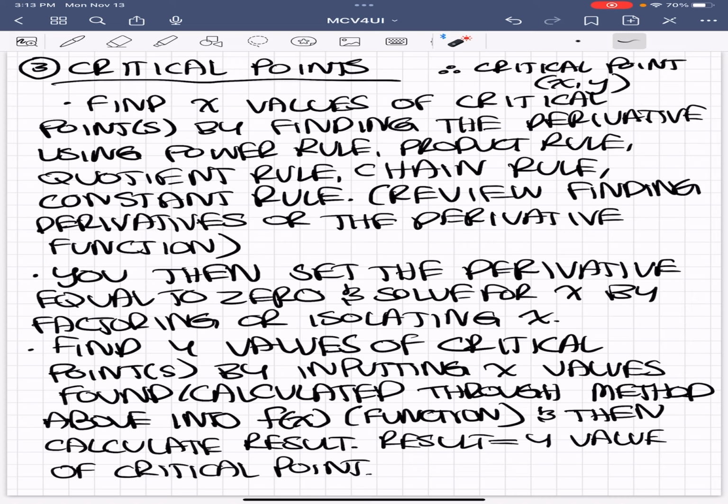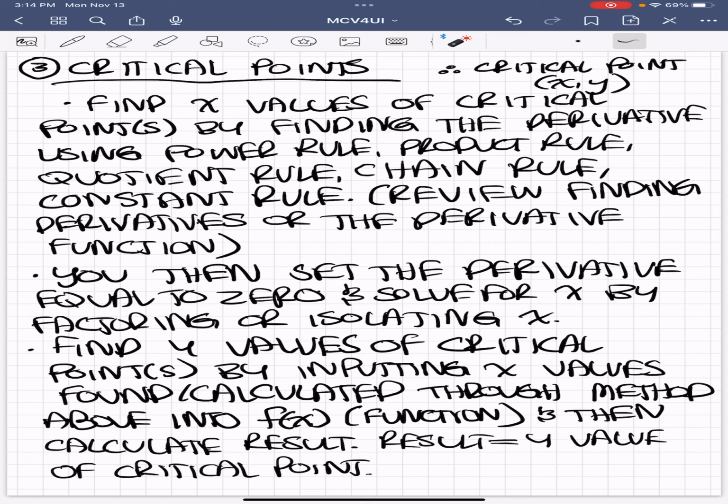You then set the derivative that you have found equal to 0 and solve for x by factoring or isolating x. Once you find what x equals, those are the x values for your critical points.